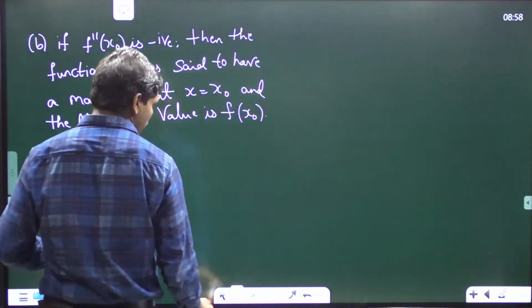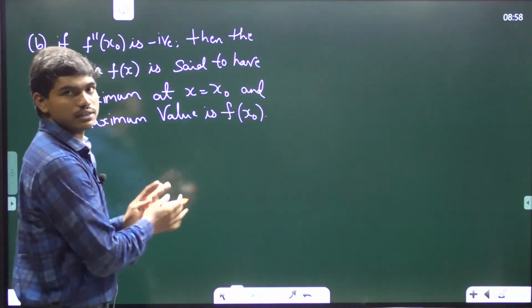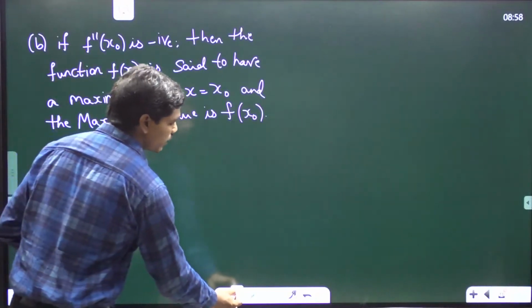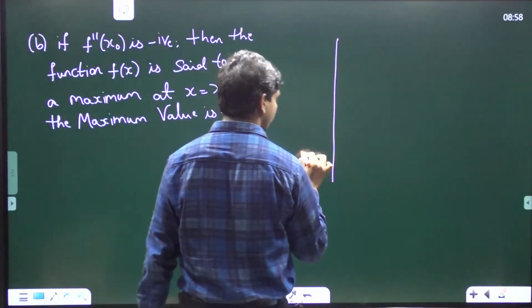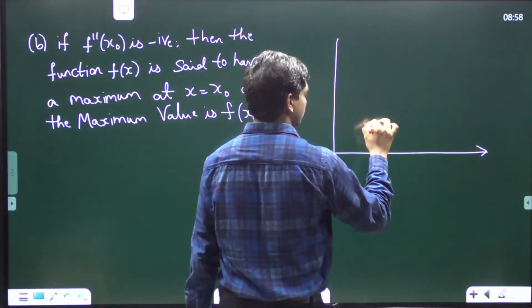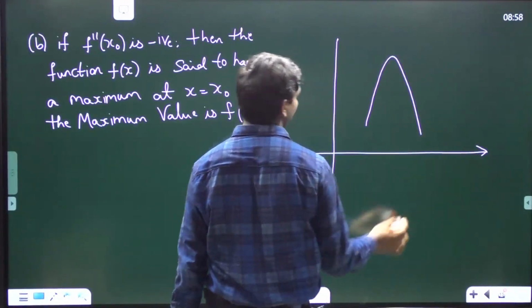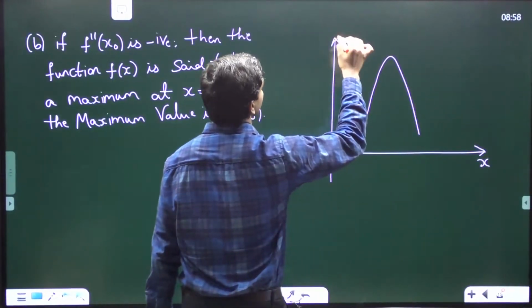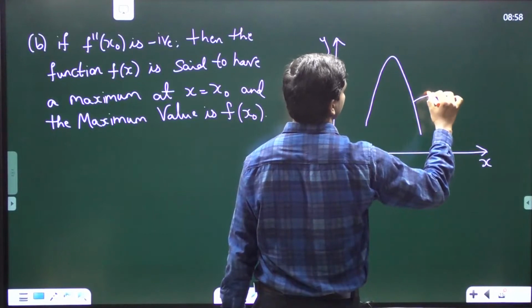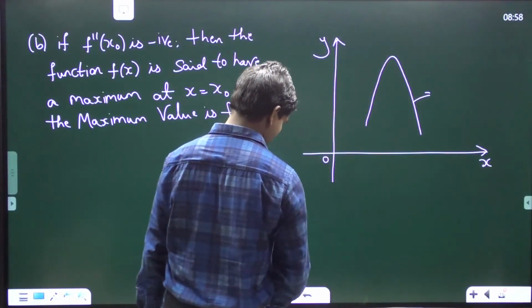So now I hope you can draw the graph of this particular thing here. Let me help you out in that. Let us suppose there is a function like this, with axes x and y.